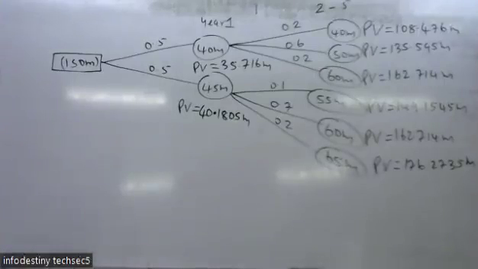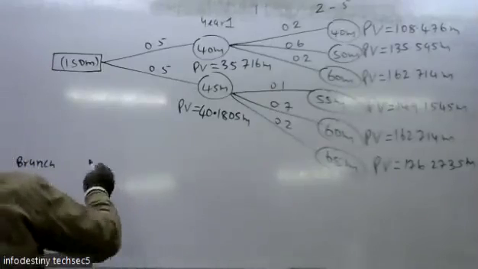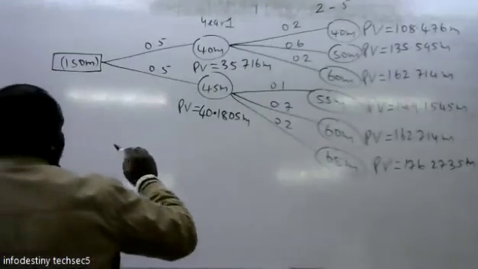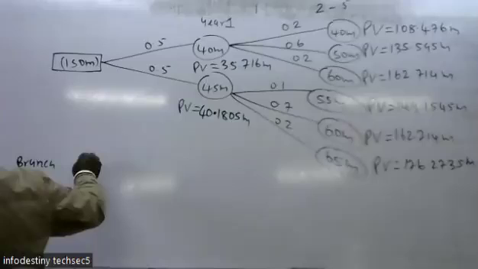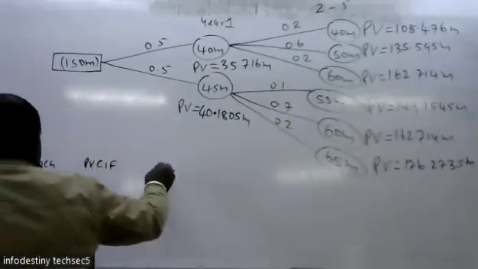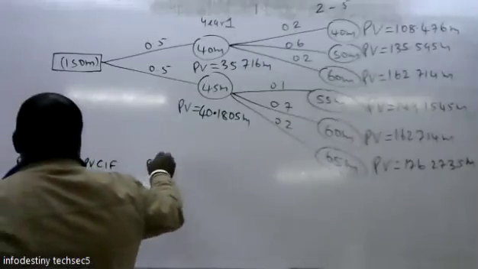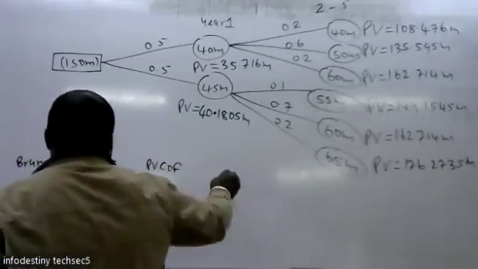So we shall be having the column for the branch. Then we shall also have the column for the present value for the cash inflows, and also present value for the cash outflow.